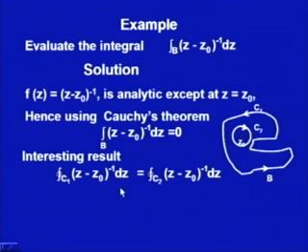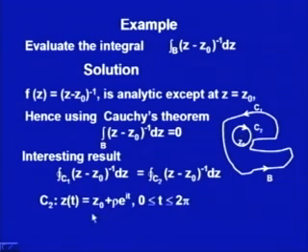Now, let us say this circle is centered at Z0 and has some radius rho. So, C2 is the circle Z0 plus rho e to the power i t, t lying between 0 and 2 pi. This is the parametric representation of a circle of radius rho centered at Z0.